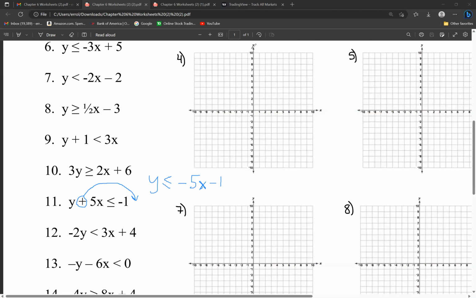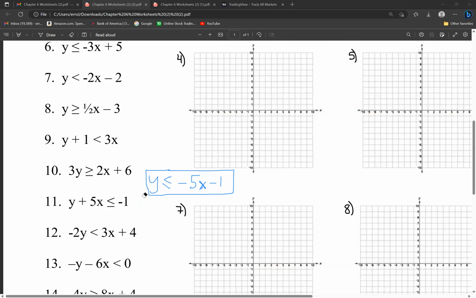Yep. But the way they teach you in school is subtracting 5x on both sides. If you subtract 5x on both sides, that cancels out. So minus 5x minus 1. Do you see what I'm saying? Yeah. All right, so how do we graph that one?